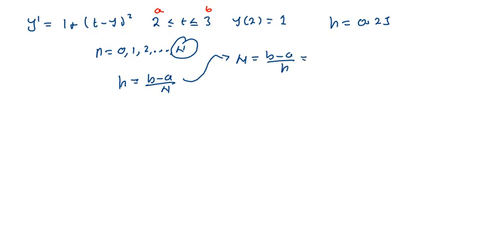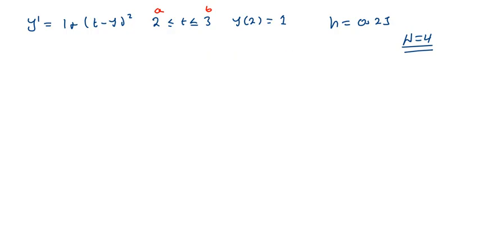Our b is 3, minus a, which is 2, divided by h, which is 0.25, and that equals 4. So n equals 4. This tells me I'm taking 4 steps to reach the final approximation.